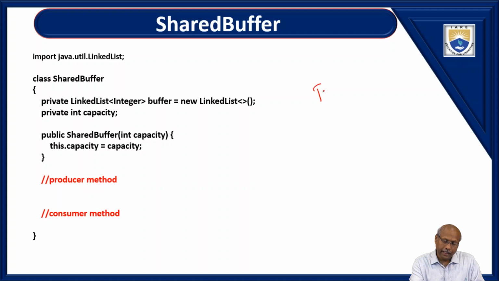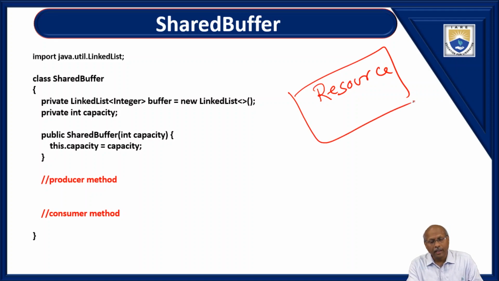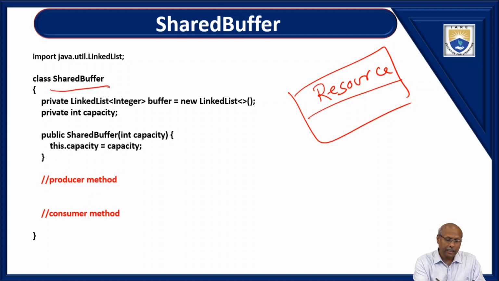I need a resource area. This resource area will allow me to use by the multiple threads. So here the shared buffer is my resource. In this resource, I am having a small area called buffer.